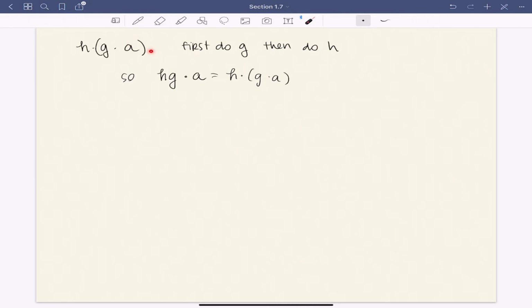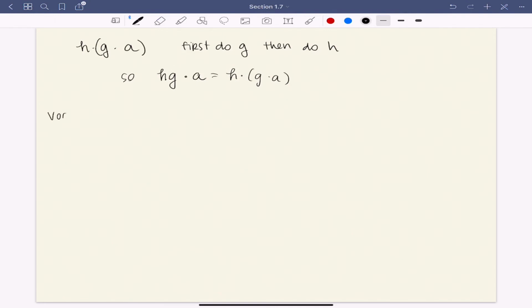So the composition would be read left to right. It doesn't matter. We'll just take this one as the standard one, the left action, and so we'll do our compositions right to left.